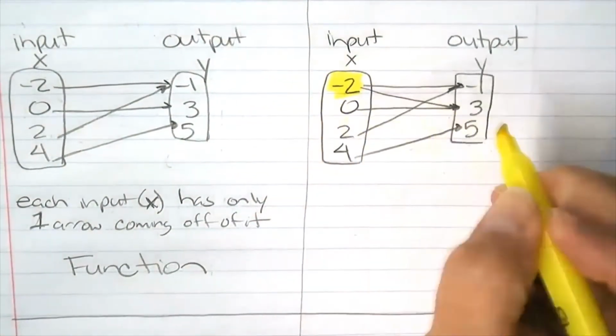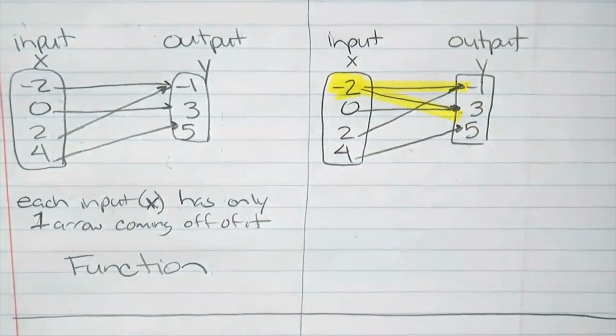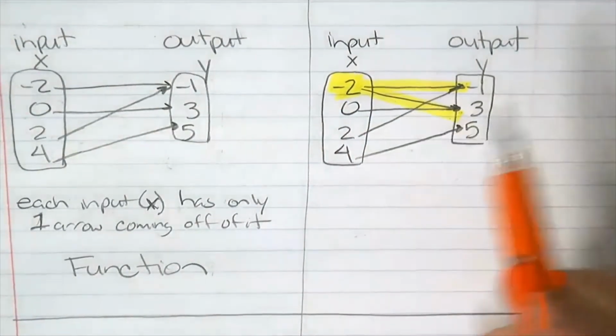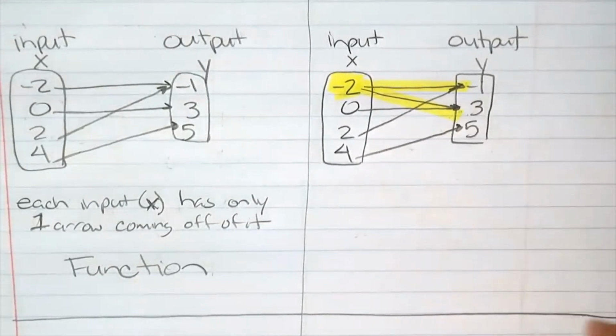When I look at this, -2 has two arrows coming off of it. So it has two outputs. The output could be -1 or it could be 3.